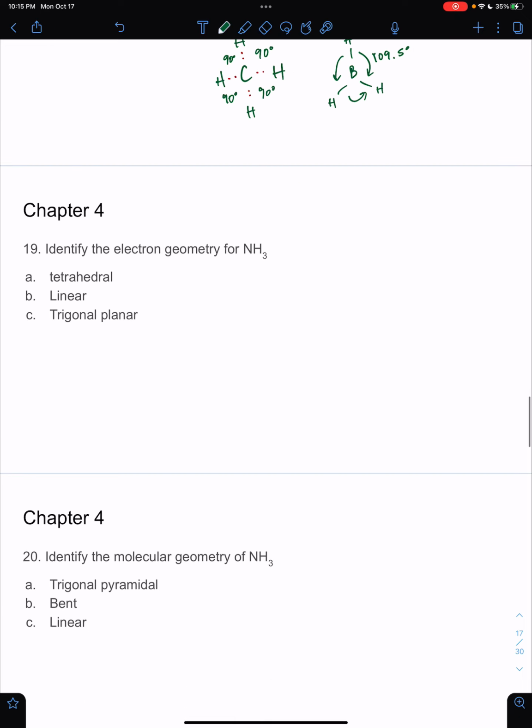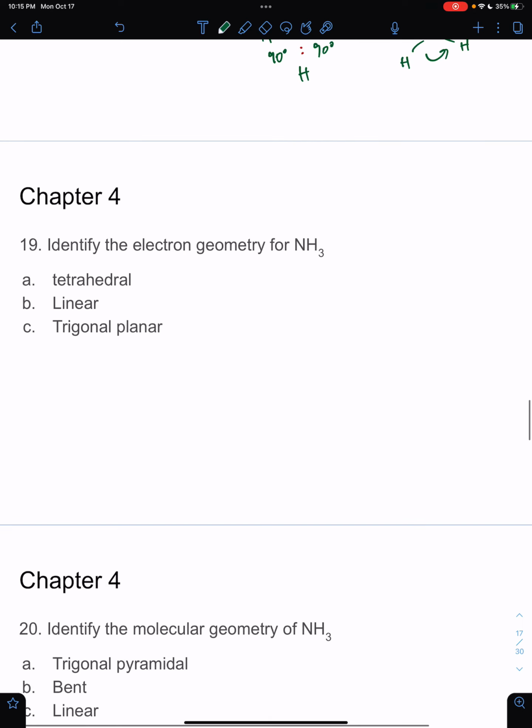Okay, next question says identify the electron geometry for a given molecule. So in this one, I'm not sure if she'll give you the Lewis structure or if you'll have to draw it, but either way, we already did this one earlier, so we know it looks like that.